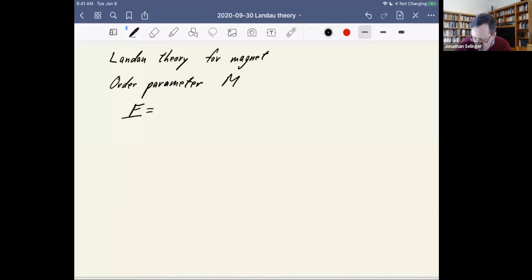So the free energy per volume, let's call it little f. And that's something that we could expand as a power series, because any smooth function can be expanded as a power series. So as long as m is small, we could write it as a series in this form.